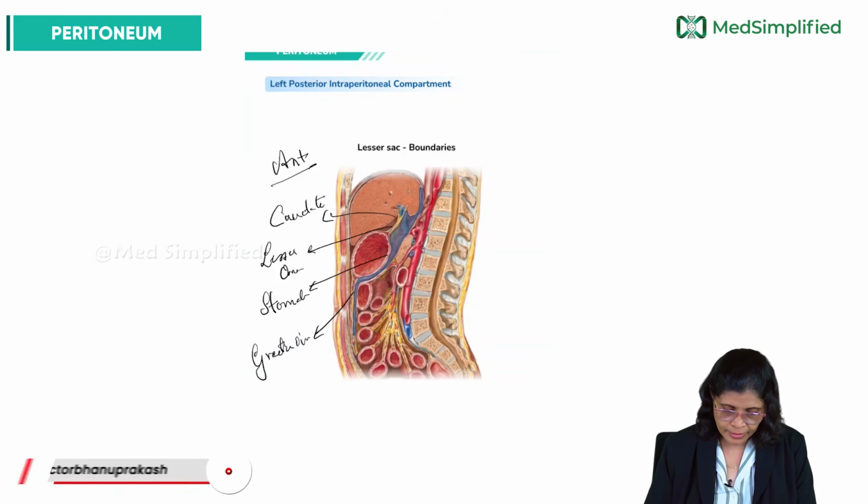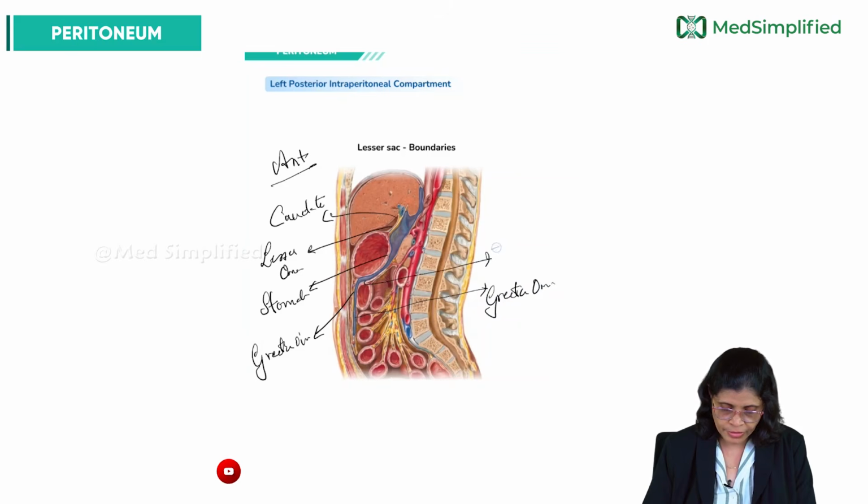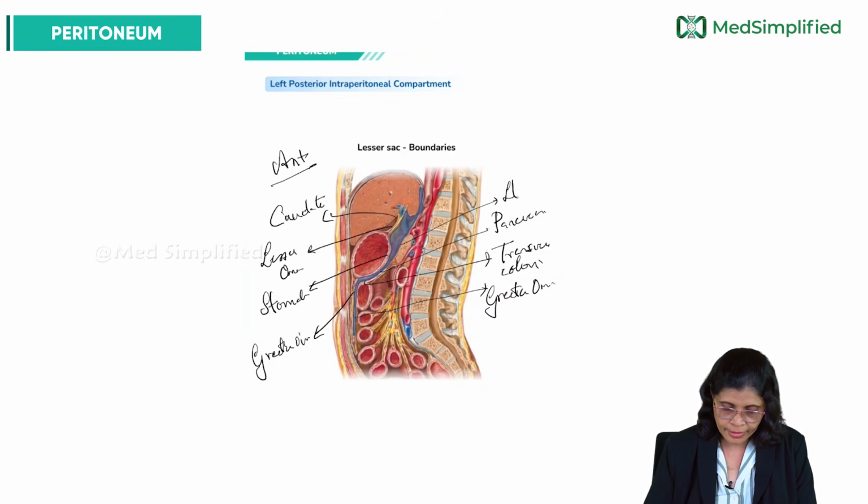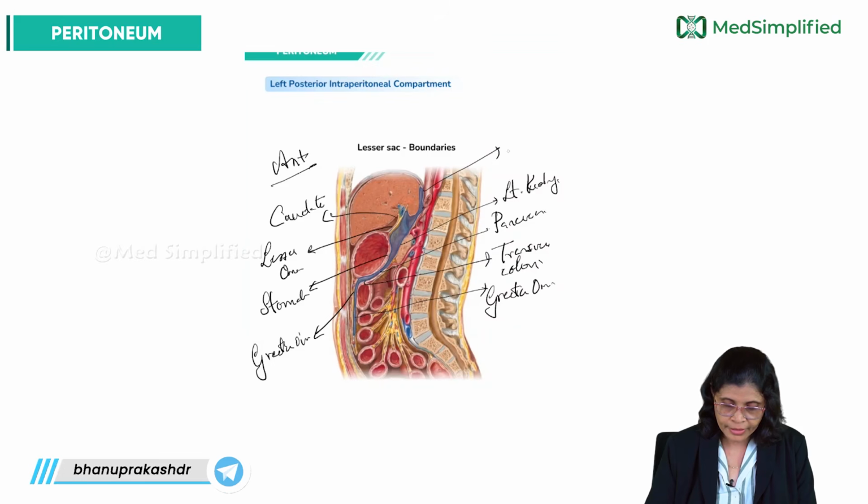Same way the posterior wall, if we trace from below upwards, we have the posterior two layers of the greater omentum, the transverse colon and the transverse mesocolon, and then the pancreas, the anterior surface of the left kidney, and the left suprarenal gland, and in the upper part the diaphragm.